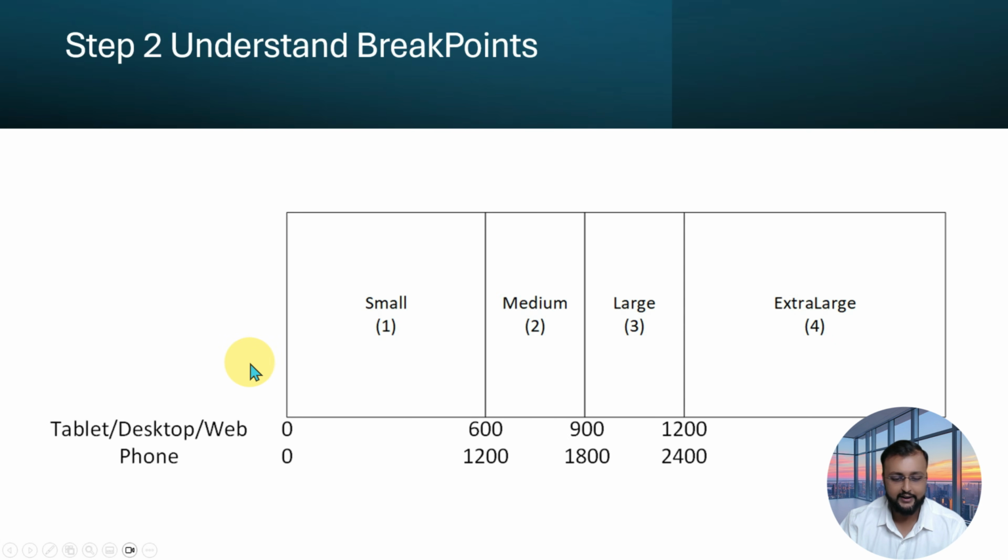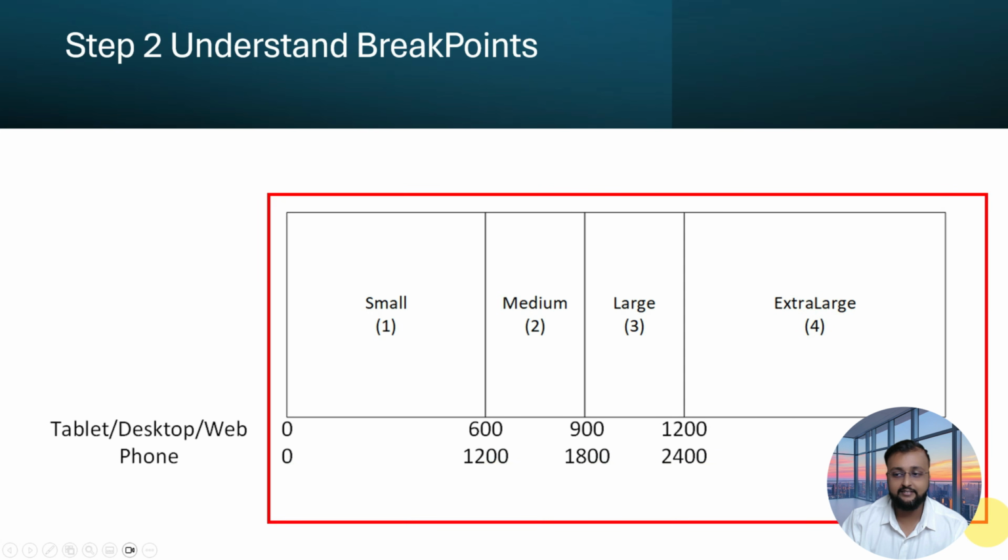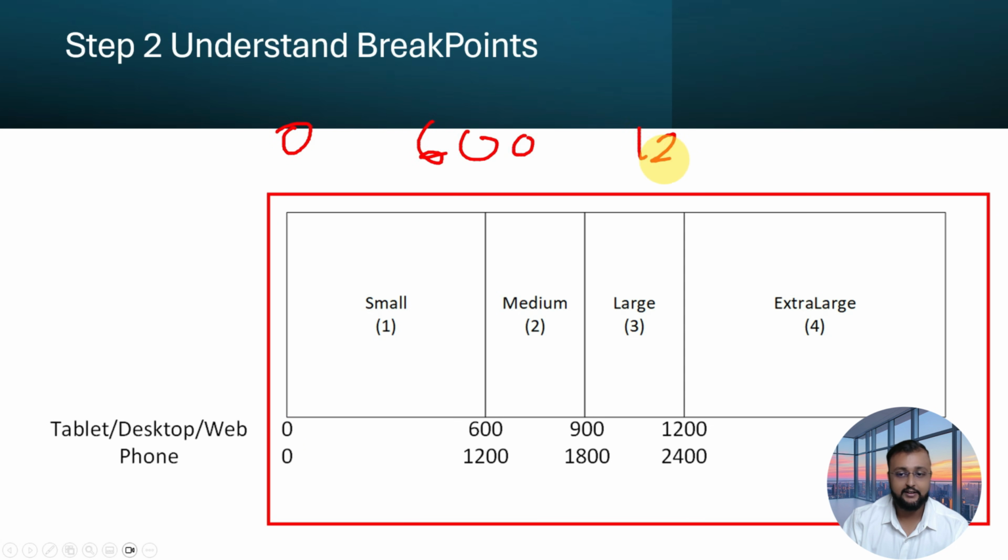So whenever you are at a particular screen size, let's say for example it was written like 0, 600 and 1200. That's what we have over there. Now whenever we are talking about the breakpoint, it returns a number telling you which resolution of the screen you are in at this point.